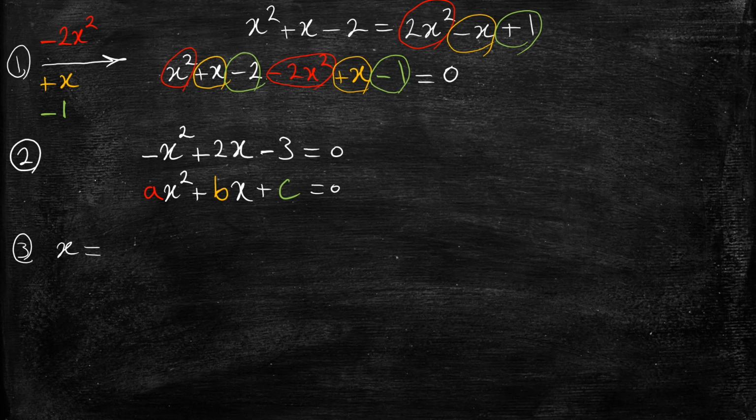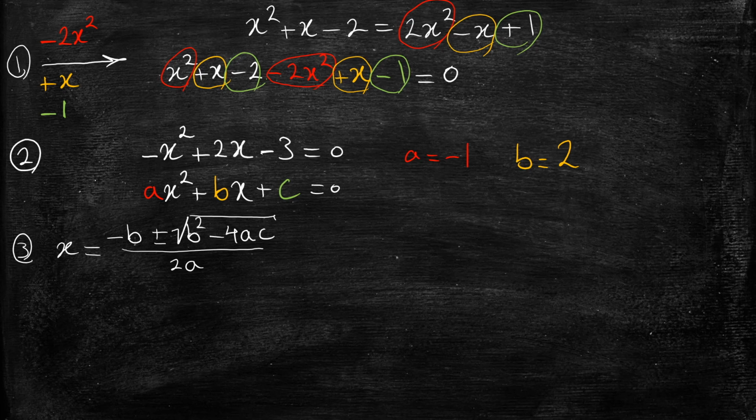So the formula is, again, I'm going to write it: minus b plus minus square root of b squared minus 4ac divided by 2a. So from here we know that a is -1, b is +2, and c is -3.